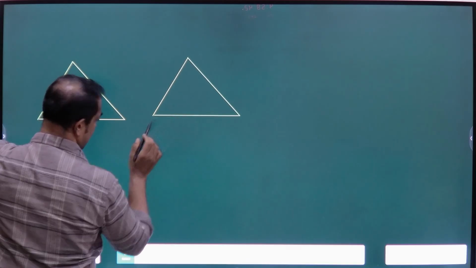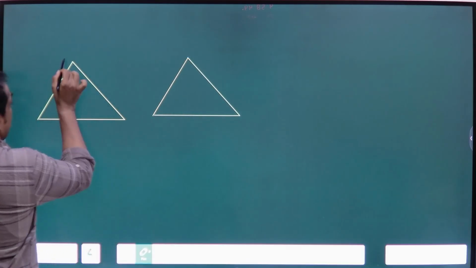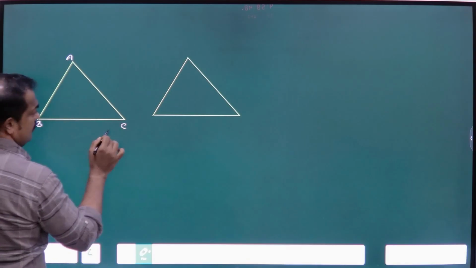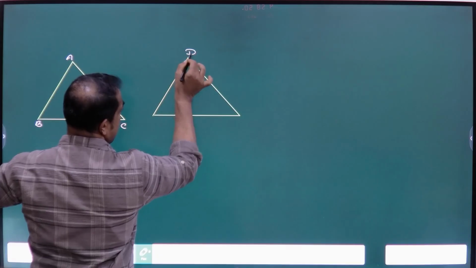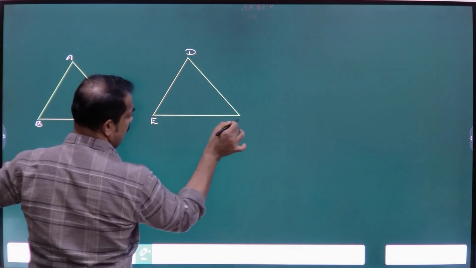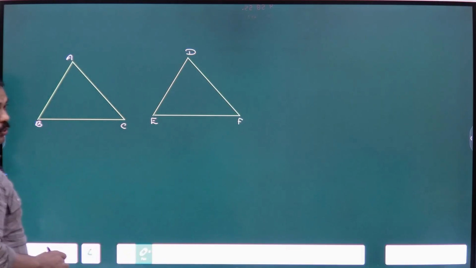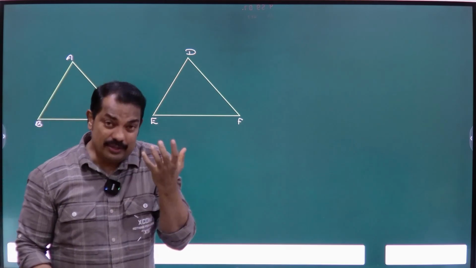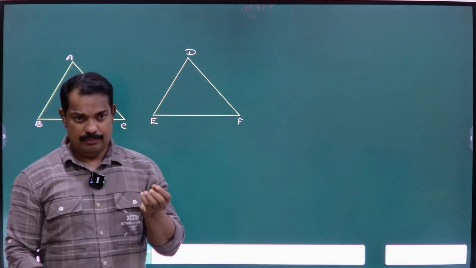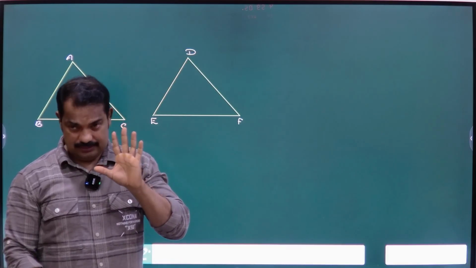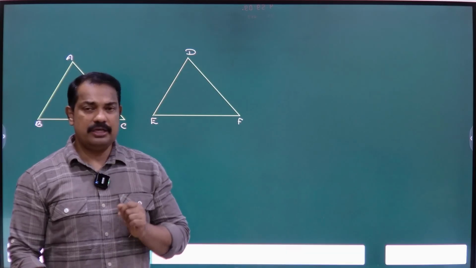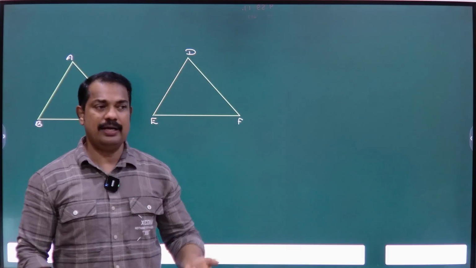These are the two triangles, A, B, C and D, E, F. We can prove these two triangles congruent by five methods, right? You did it in 8th class, didn't you? Okay. What are the different methods to prove these two triangles congruent?